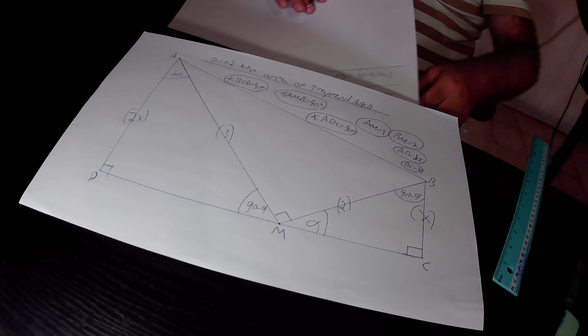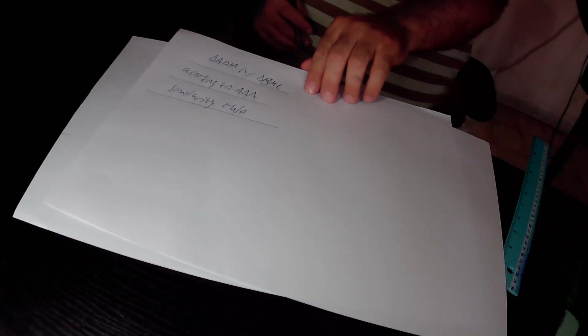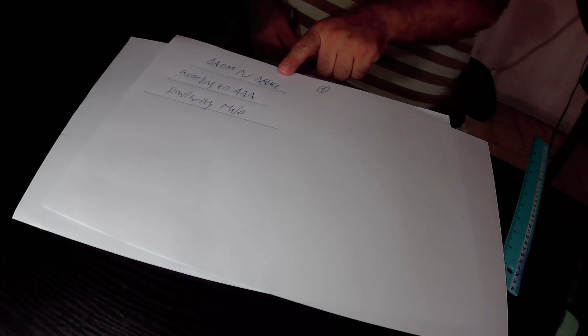So repeat again: the big right triangle ADM is similar to the small right triangle BMC according to the angle similarity rule.